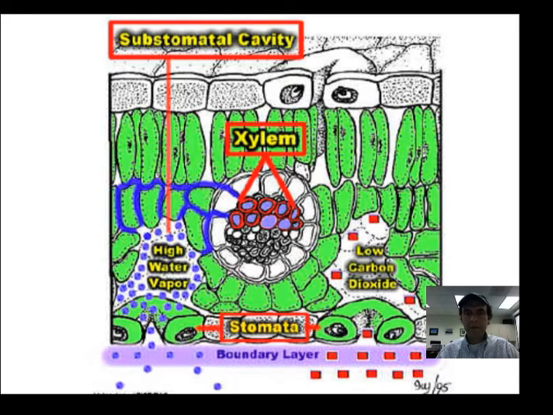So once we have this CO2 inside, it's used with the energy of photosynthesis and transformed into sugars. And these sugars are translocated through this phloem tissue, which is a transport tissue.